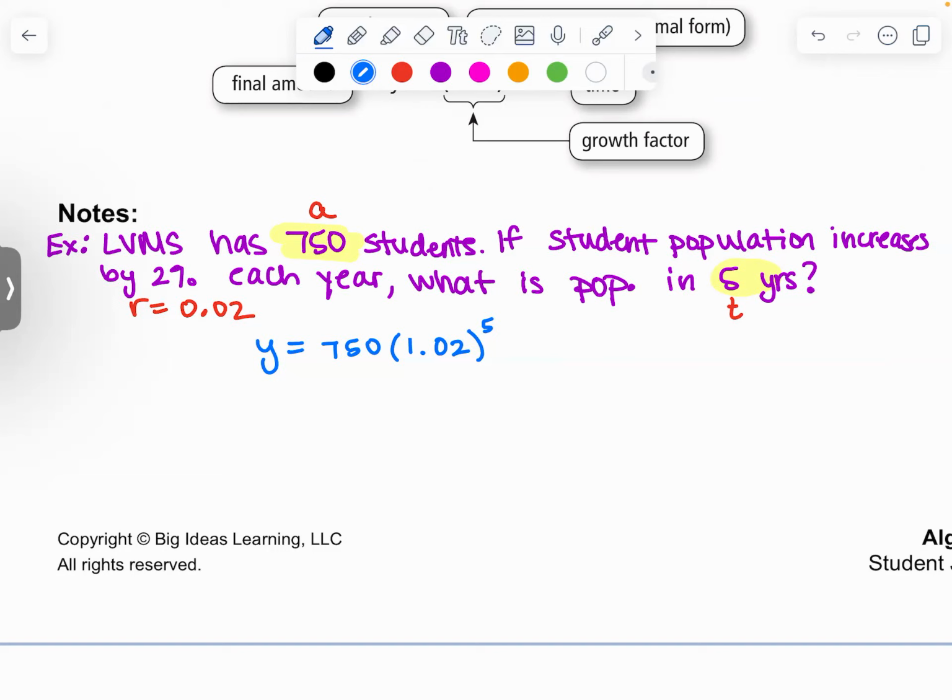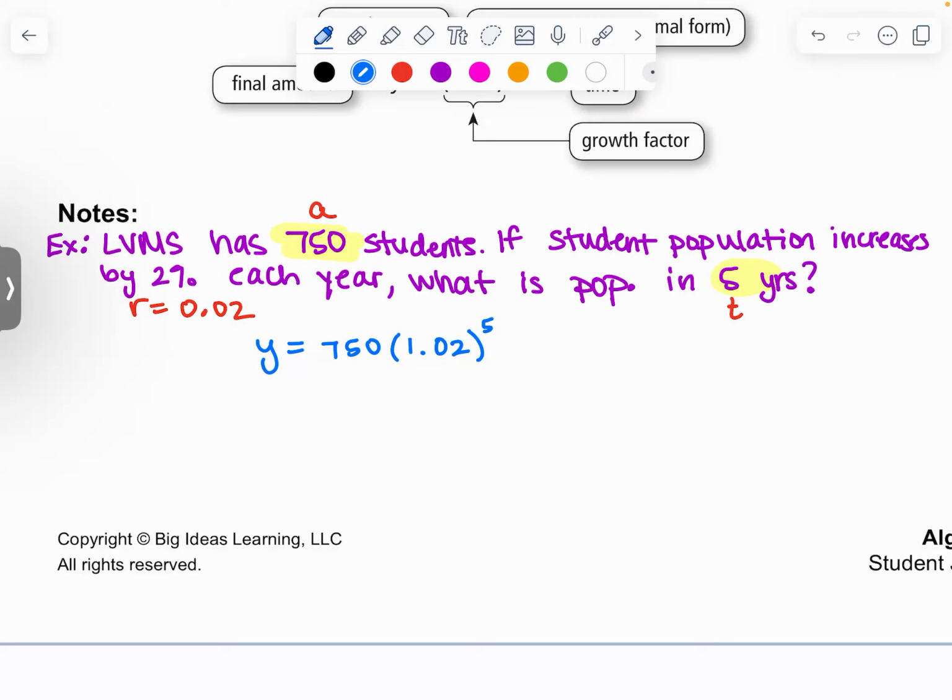Now, instead of saying 1.02 times 1.02 5 times, what I want you to do is put the caret and then the 5. This caret right here. I want you to do 1.02 caret.